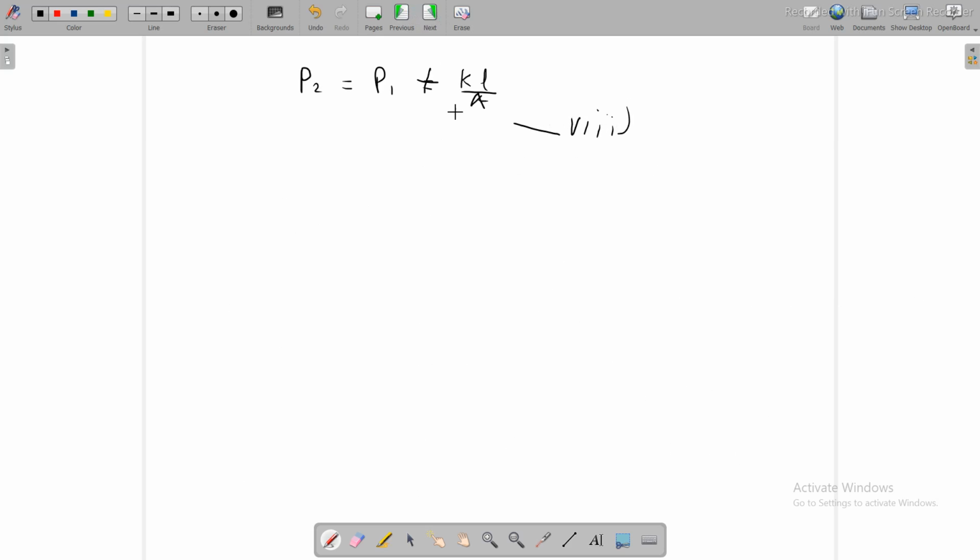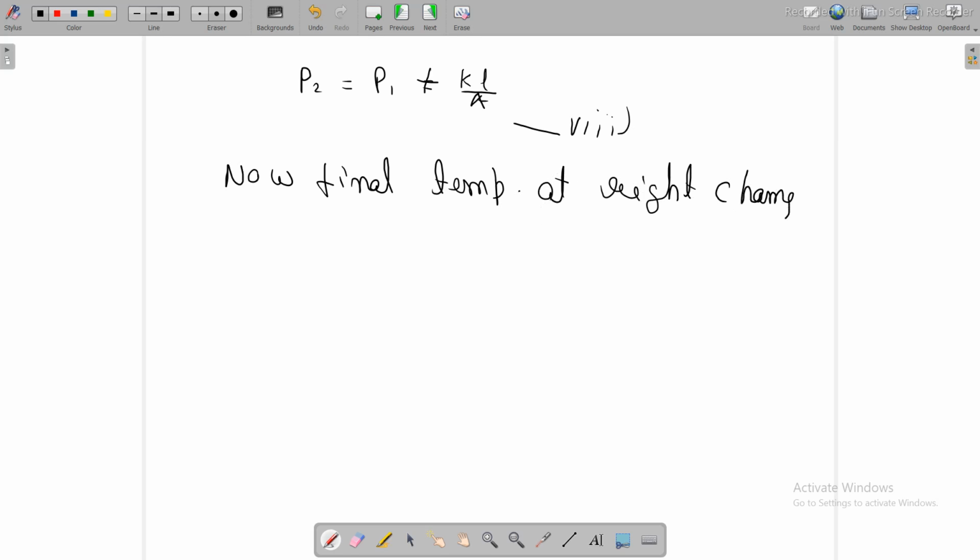Now the final temperature in the right chamber will be: P2 V2 is equal to nR T2.